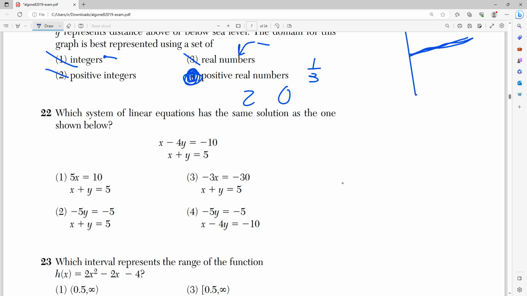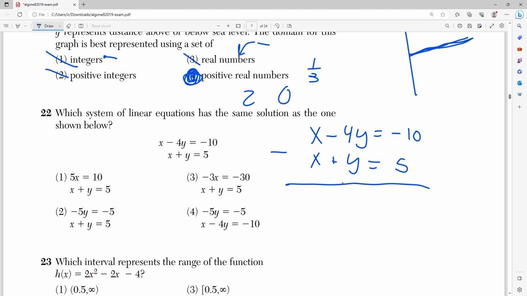Fairly simple problem. All you have to do really is find out how to isolate one specific value, so I'll show you how to do that. You have x minus 4y is equal to negative 10, and here you have x plus y is equal to 5. All I would do if I were you is subtract these two equations to get y alone.